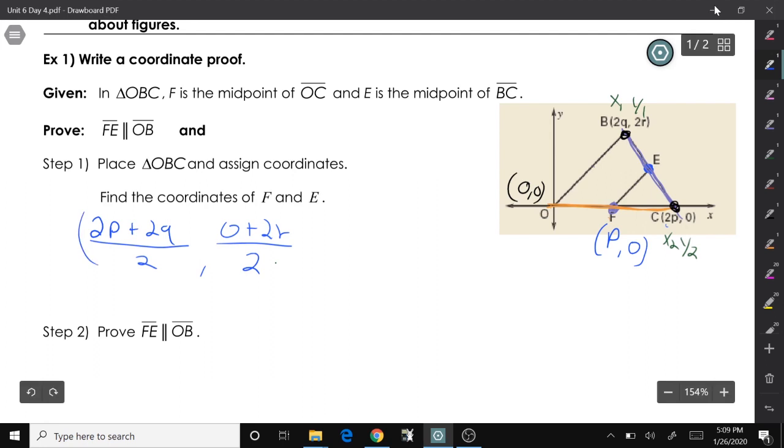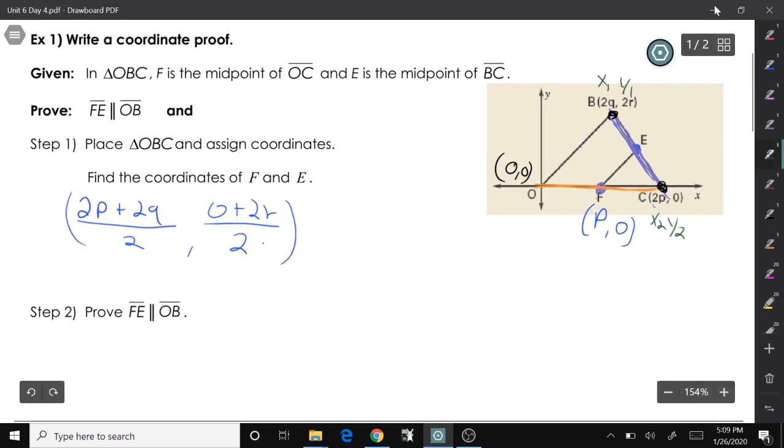That will be the midpoint of BC right here. When we do that, we can't simplify p and q, we can't combine those, but everything is divisible by 2.